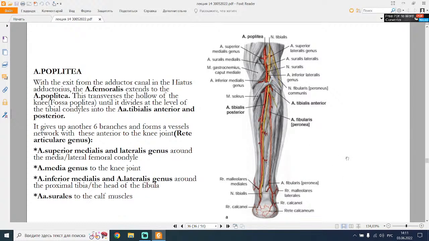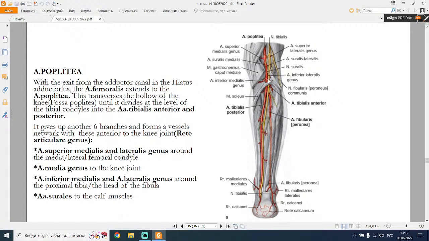It forms the next arteries: arteria superior medialis and lateralis genus, around the medial and lateral femoral condyle.